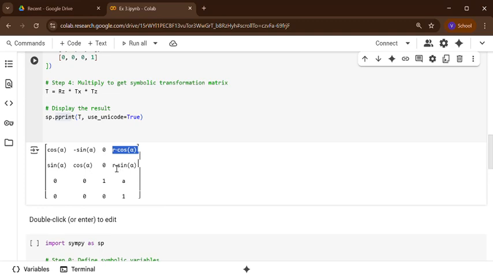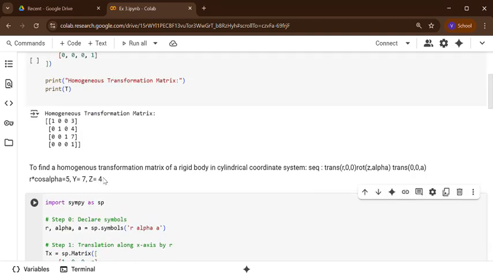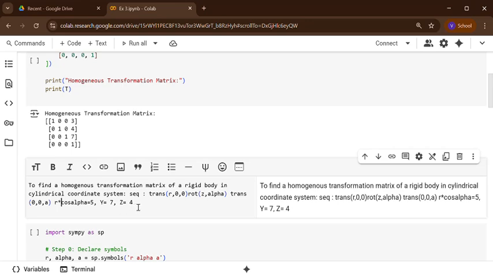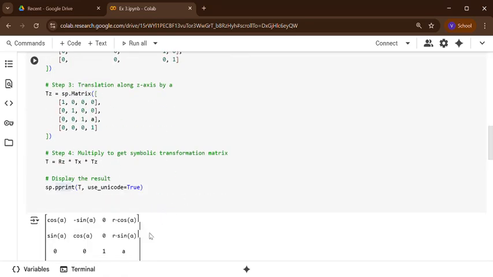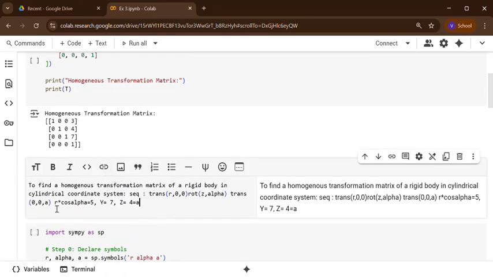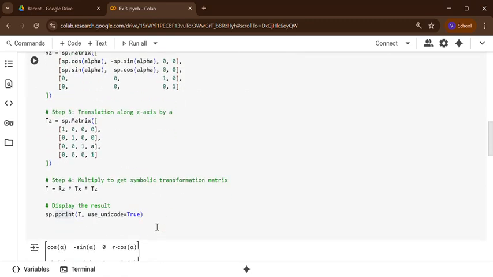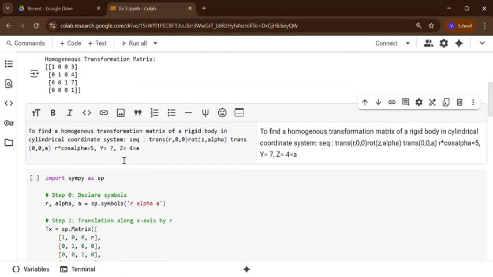This says x value, this says y value, this says z value. The z value here is equivalent to A, so it is known to you. The x value is R cos alpha, so R cos alpha equals 5. Next, y is R sin alpha.